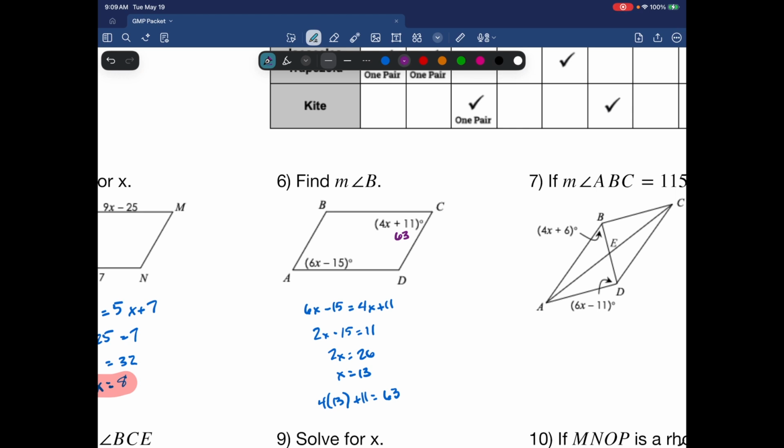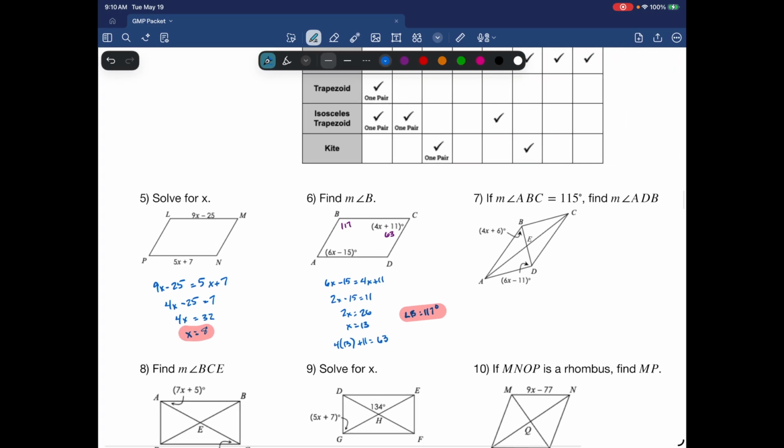So 180 minus 63 gives me 117. All right, so angle B is 117. So as your students get more accustomed to the problems, it's a good idea not just to solve for x, but to take it a step further like we did here on number 6.